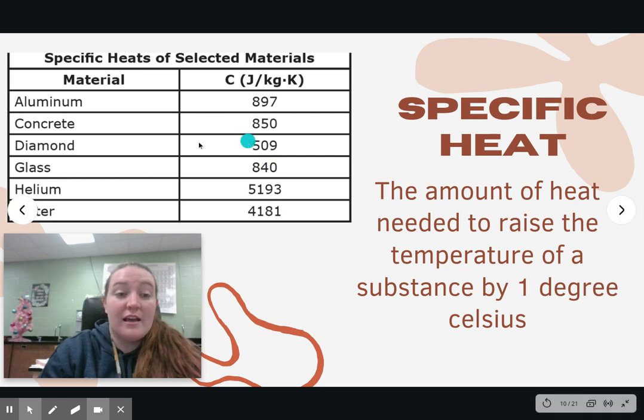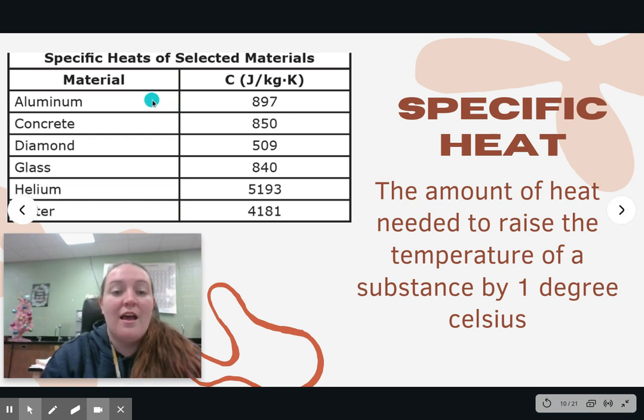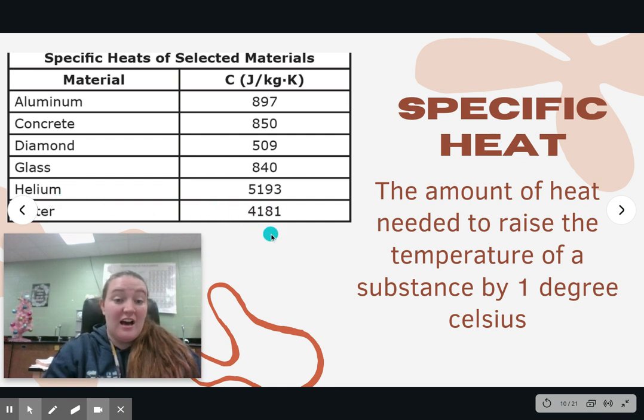So things like aluminum. Aluminum is a metal. Metals are easily heated up, remember? They can conduct heat very well. And we'll talk more about that when we get to chemistry. But it only takes a little bit of energy for them to do that. Things like water, I know you can't see it because my arrow's there, but water has a very high specific heat. It's 4,181.